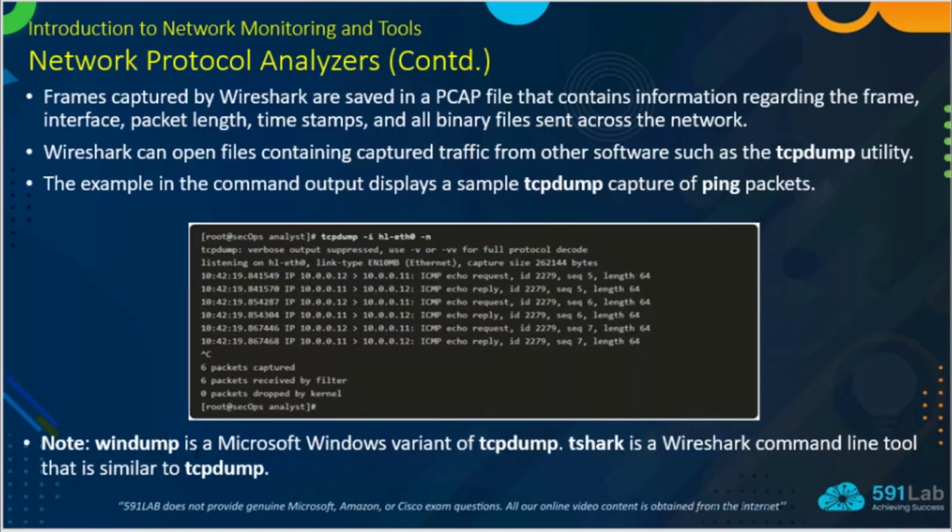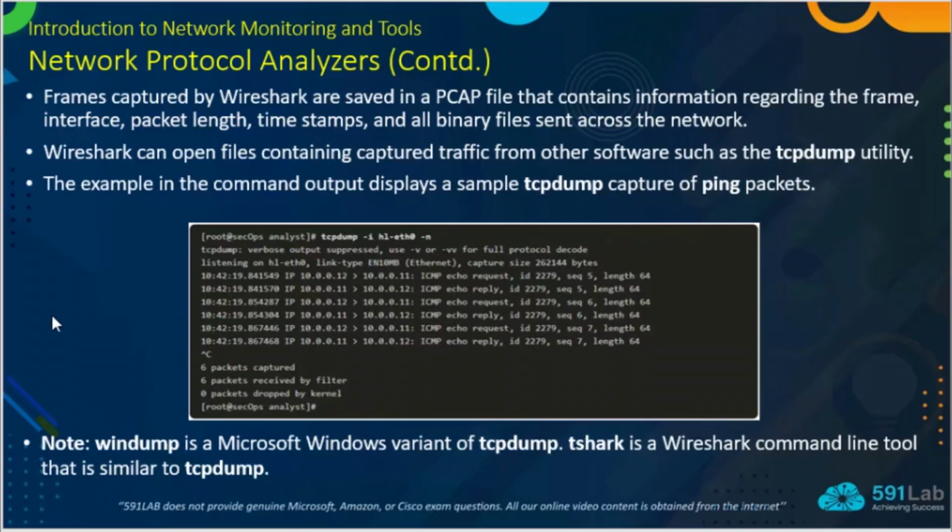WinDump is a Microsoft Windows variant of tcpdump. We don't have tcpdump for Windows; instead, we have WinDump. And TShark is a Wireshark command line tool that is similar to tcpdump.